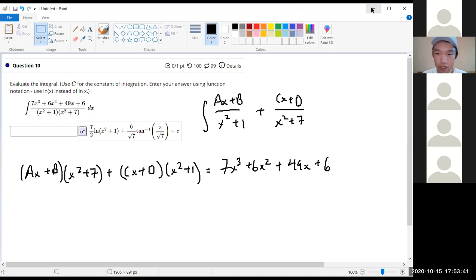Plus 49x. Yeah, no, I wouldn't give you this on the exam. That would just be pointless. Squared plus 1. The point of these questions is not to test whether you can solve a system of equations. So I wouldn't do this.